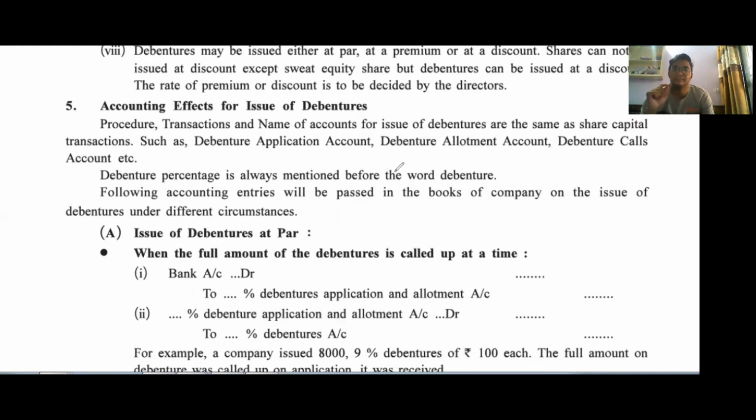It means bank account debit to debenture application and allotment account, and second entry, debenture application and allotment account debit to debenture account. Got it? If debentures are issued at par, par means face value.